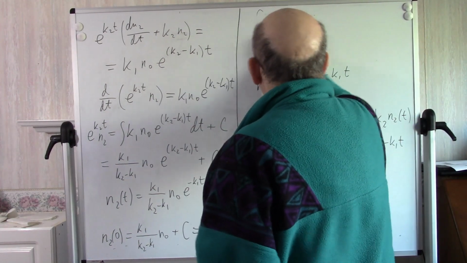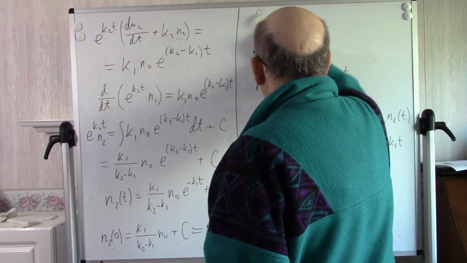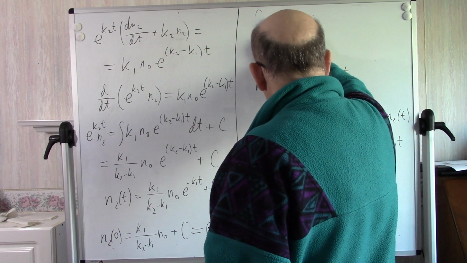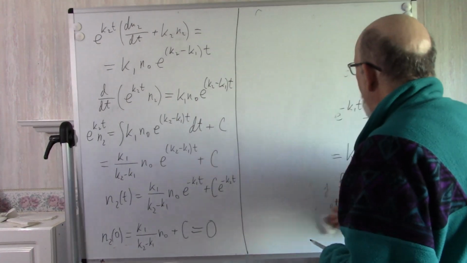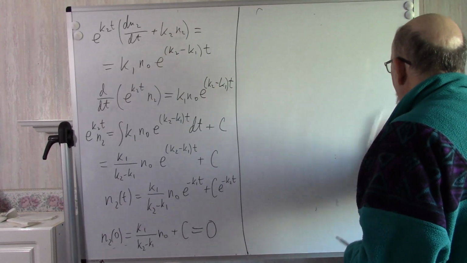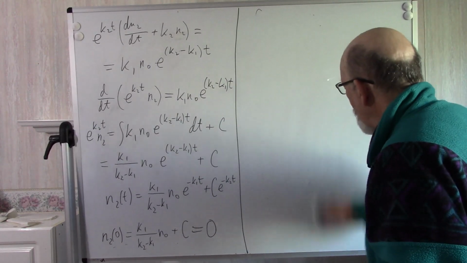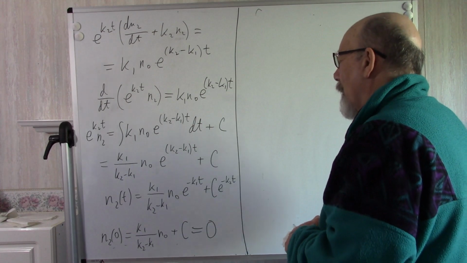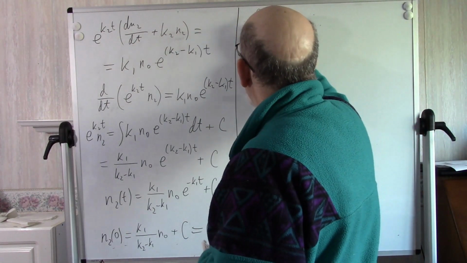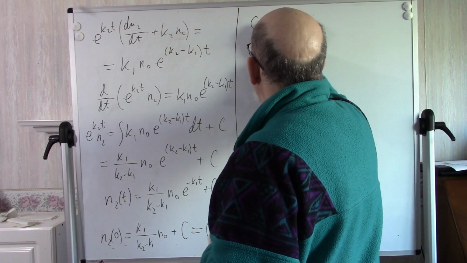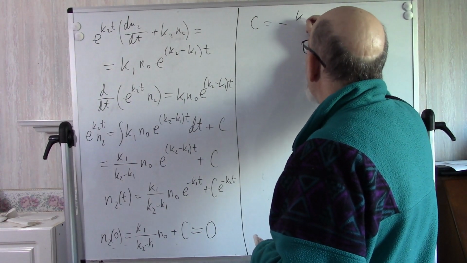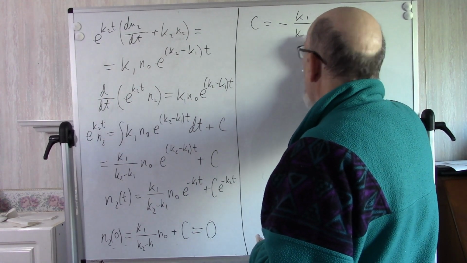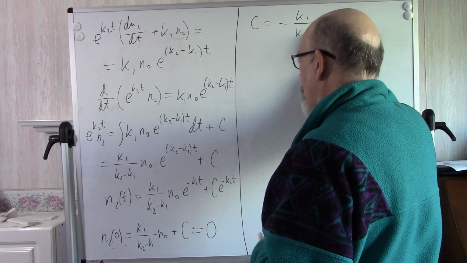This means that C equals minus k1 N0 over (k2 minus k1).